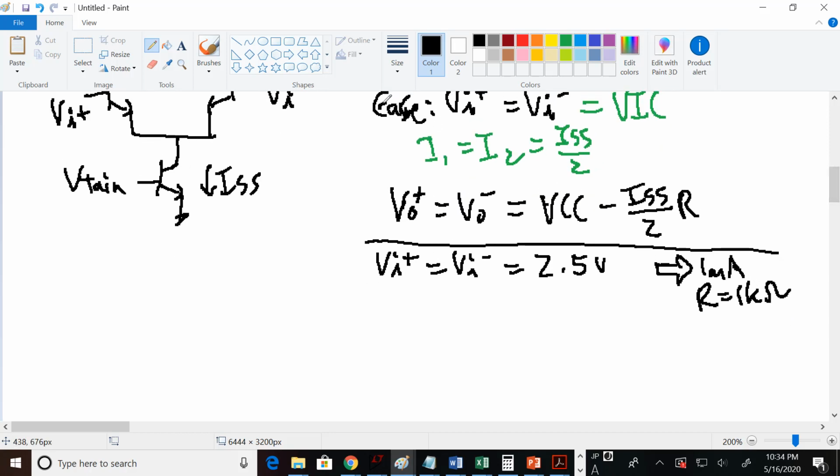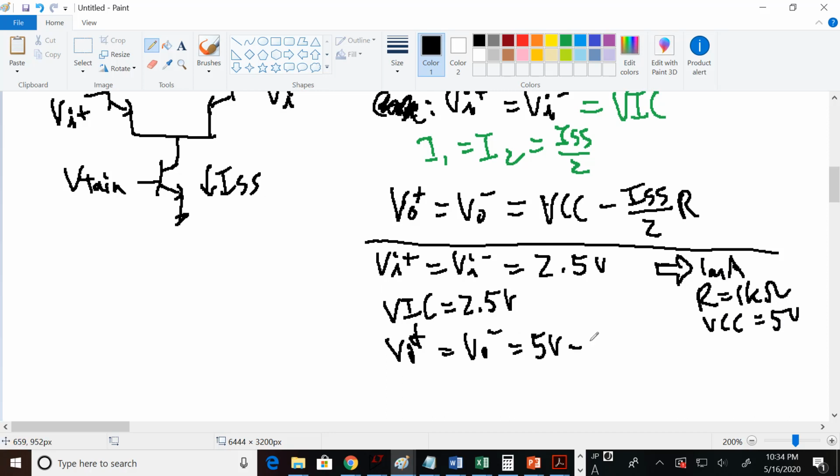In this case, the average of your inputs, your VIC, would equal 2.5, and your V out plus will equal your V out minus, which will equal, let's make VCC equal 5 volts, 5 volts minus 0.5 milliamps, let's call this ISS, milliamps times 1K, and that will equal 4.5 volts, if my math's okay.